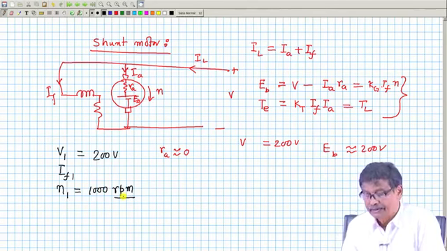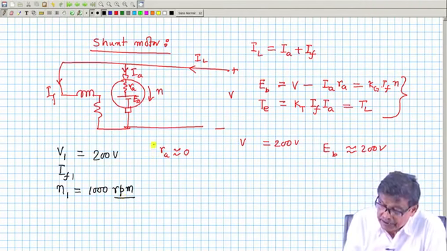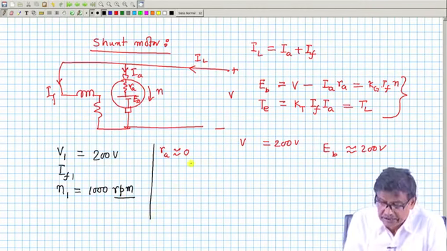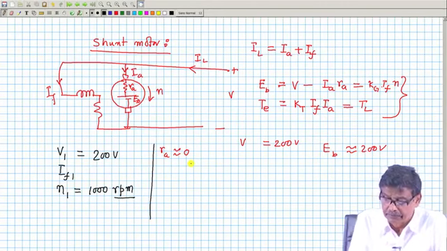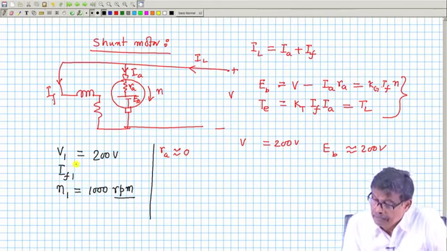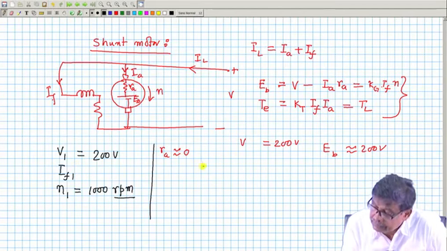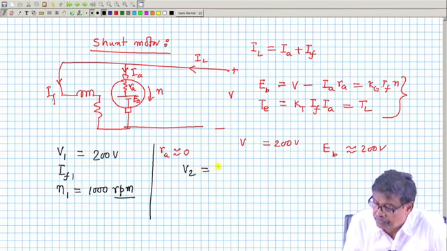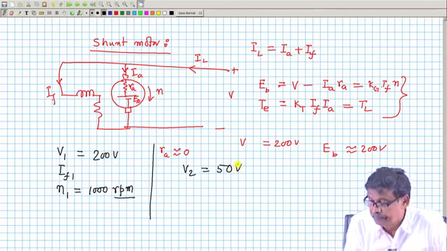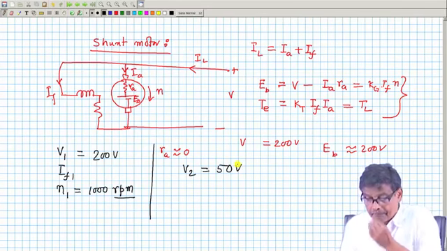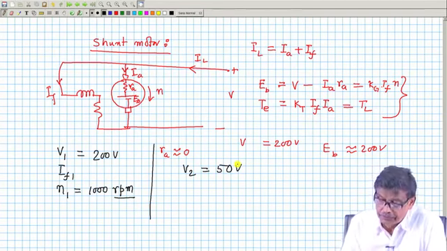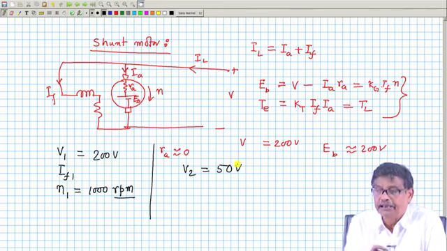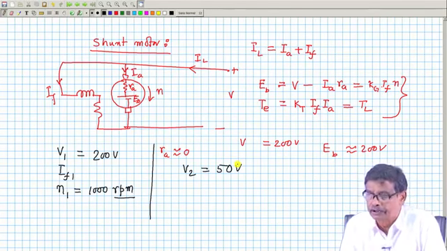Now, the machine is found to run steadily at this RPM. IF1 has got some value. Suppose I make the applied voltage, that is this voltage V2, 50 volt, and ask you what is the speed at which the machine is going to run.